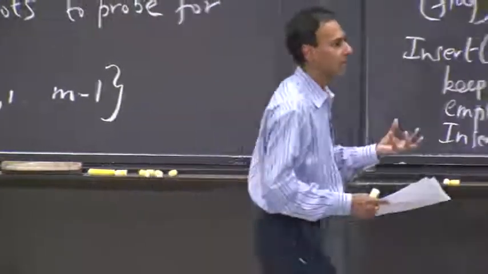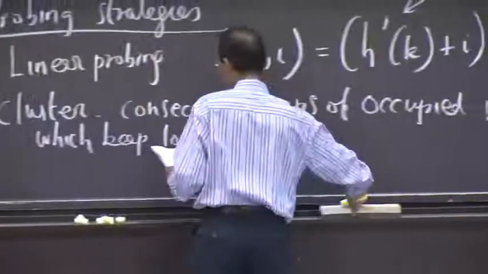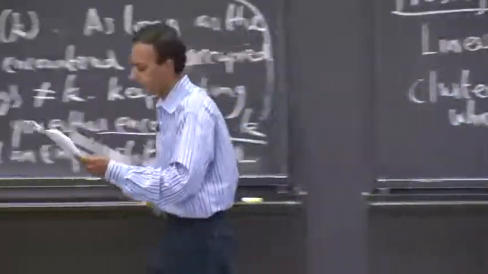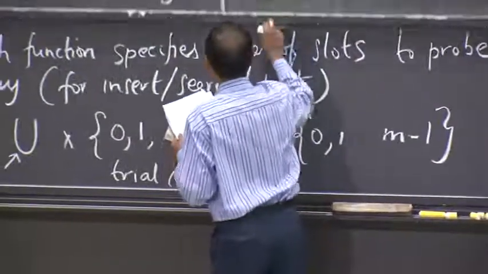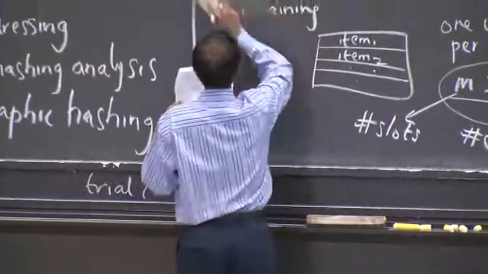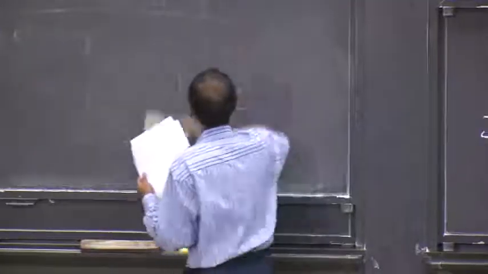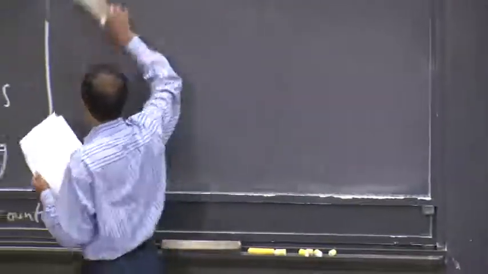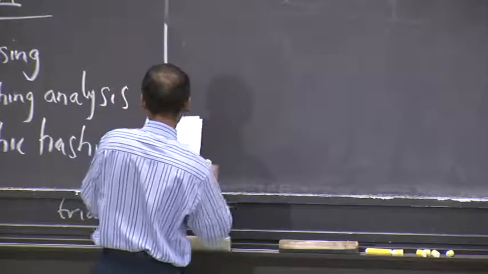So that's the problem with linear probing, and you can essentially argue, making some probabilistic assumptions, that if you use linear probing, you lose your average constant time lookup in your hash table for most load factors.